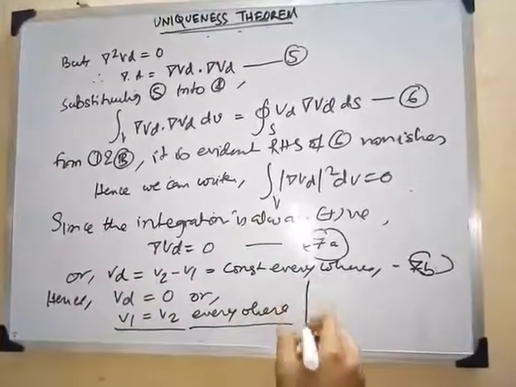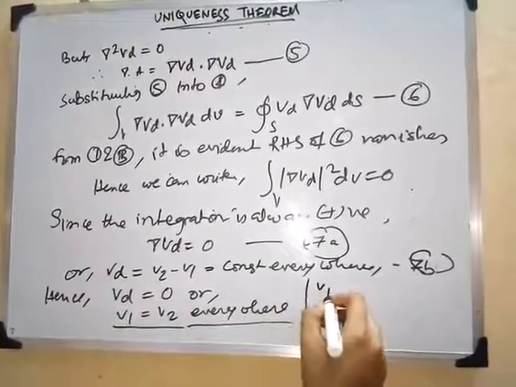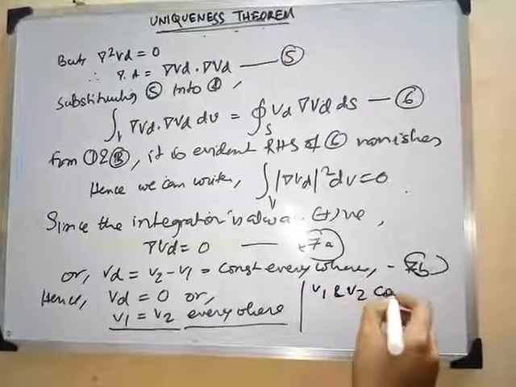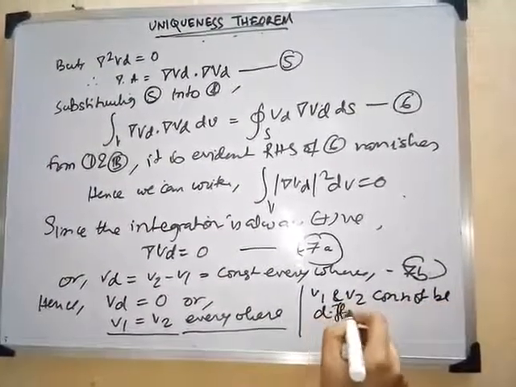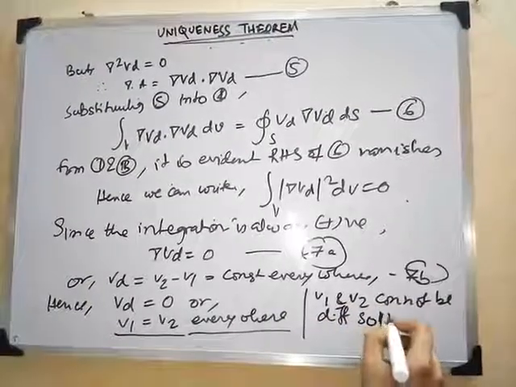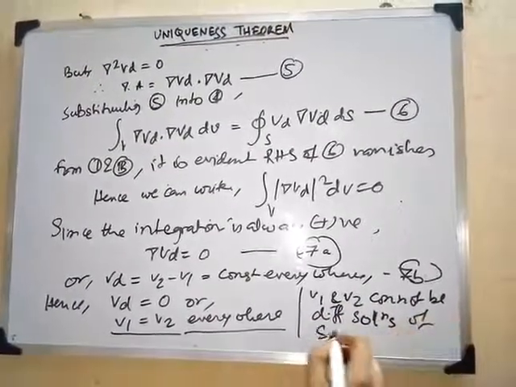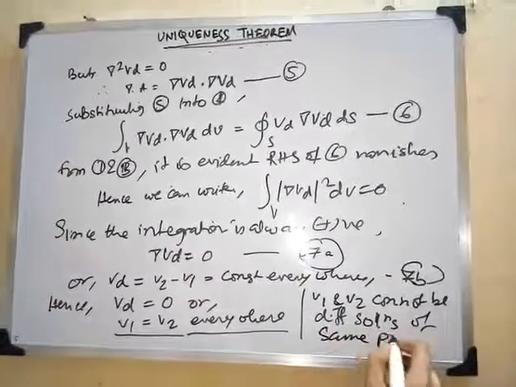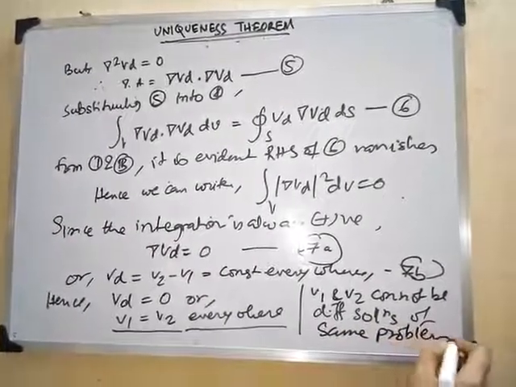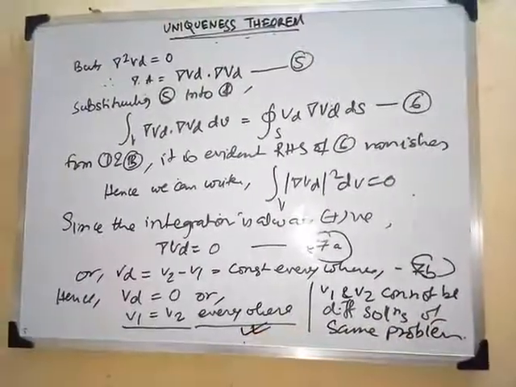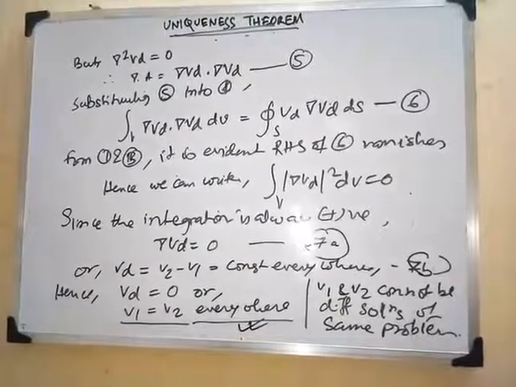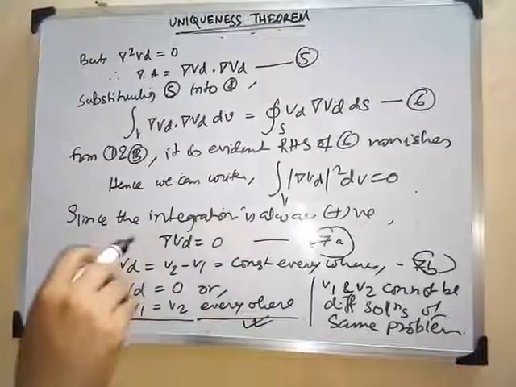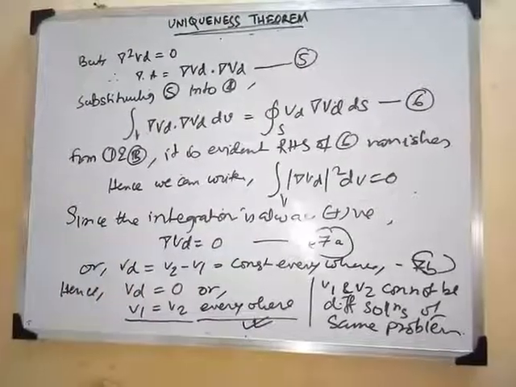So V1 and V2 cannot be different solutions of the same problem; they are the same. So our uniqueness theorem is proved here. That means only one unique solution can exist in the case of a Laplace or a Poisson equation. So this is the proof.